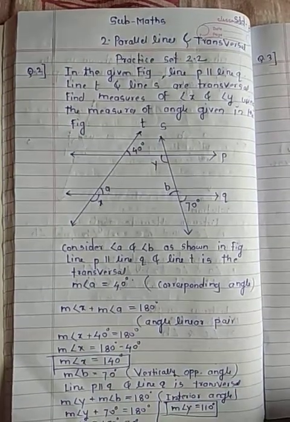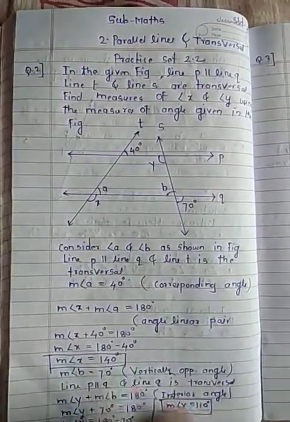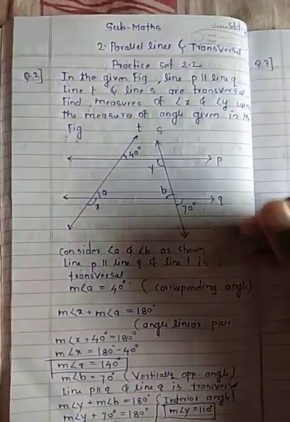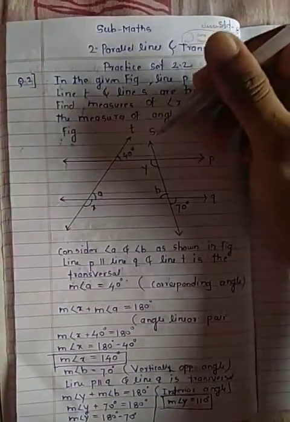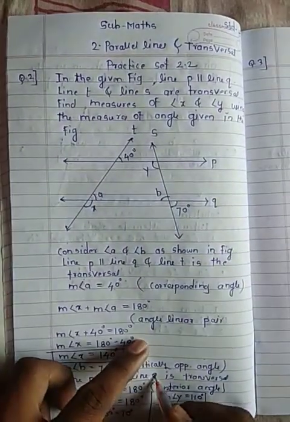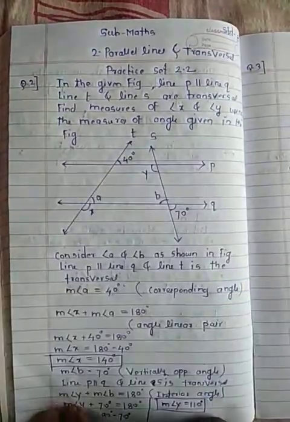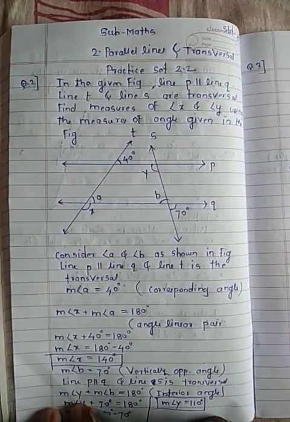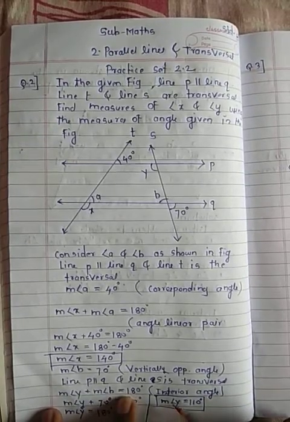So students, same, line P is parallel to line Q. So we have to consider transversal S. Measure of angle Y plus measure of angle B is equal to 180 degrees, interior angles.